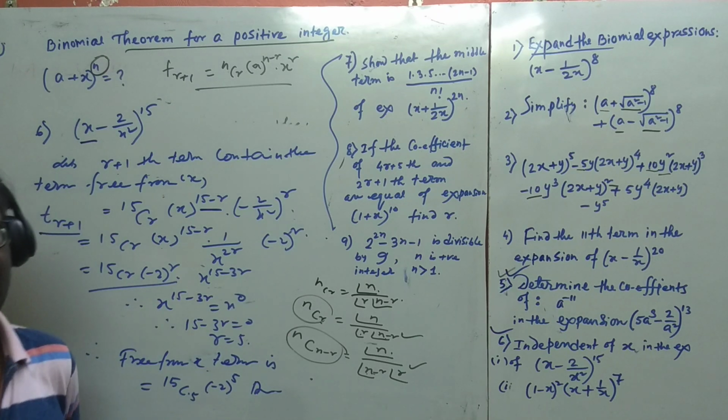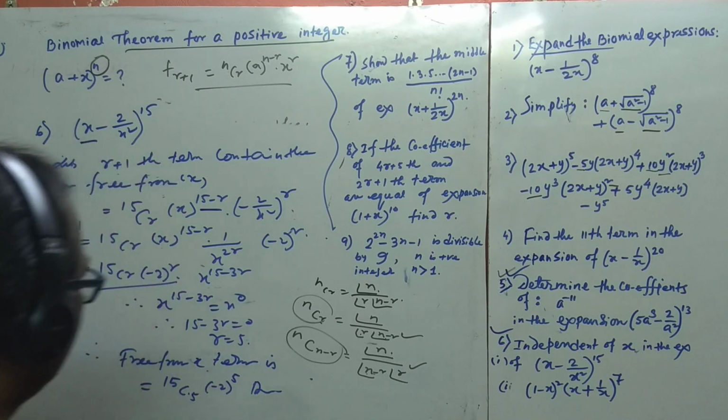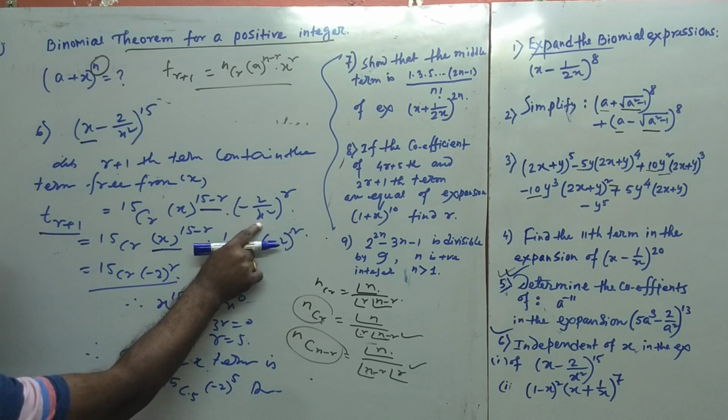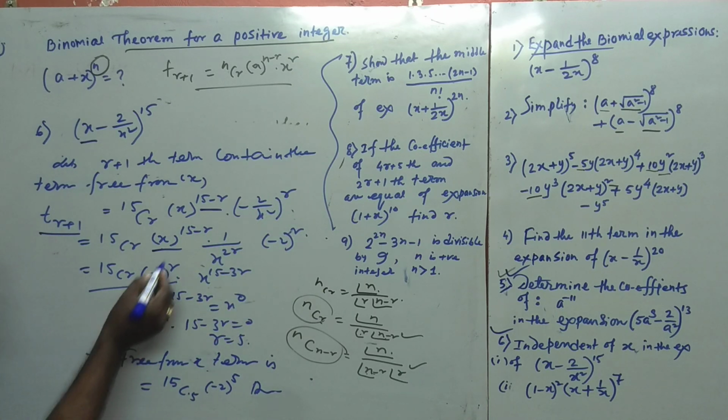This is the general term, okay? Now by the powers index, x to the power 15 minus r and minus 2 to the power r, and here is x to the power 2r, and they are simplified to x to the power 15 minus 3r.